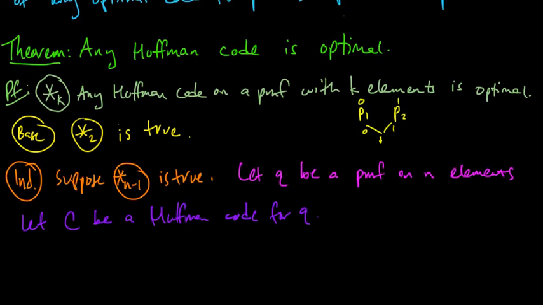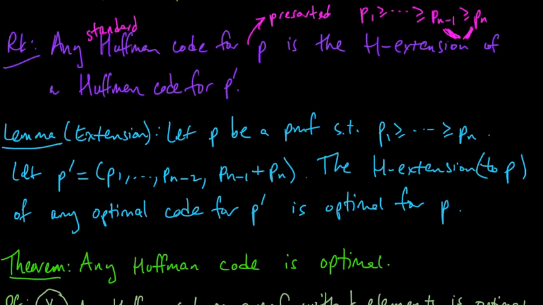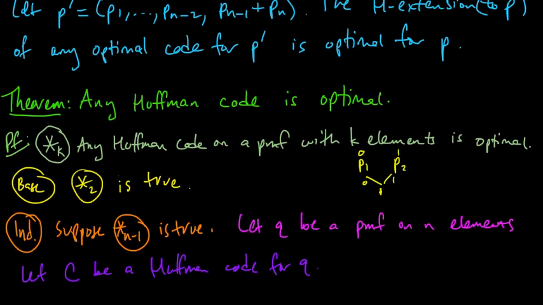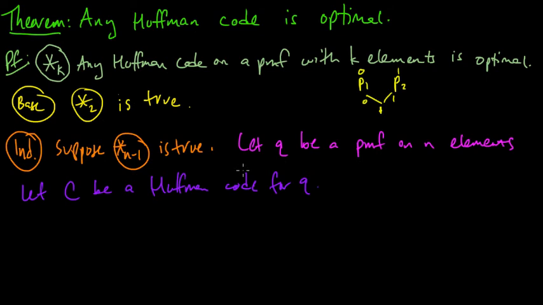Now, this is where that technical remark I was making comes in. I said that any Huffman code for a P, pre-sorted or not, is a standard Huffman code for some permutation of P, for one of the permutations in which the P's are in descending order. So now our unsorted P is Q. If we were to sort Q in descending order, then for one of those ways, C is going to be a standard Huffman code for that permutation.